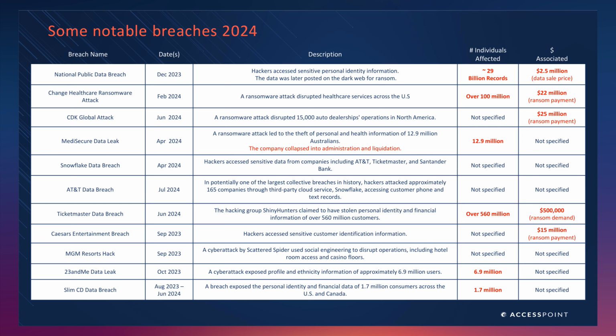And I want to talk briefly just about another one, which is also interesting. And this was the Change Healthcare breach. Now, this one was interesting because of the type of attack.